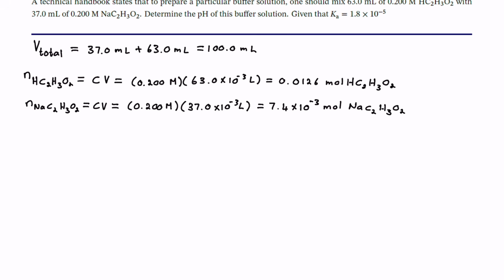All right, so now we have the number of moles of each of these. They of course will have a new concentration because they're in a new volume. So you can go ahead and calculate their new concentration.